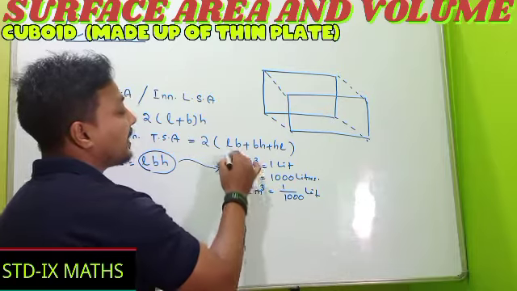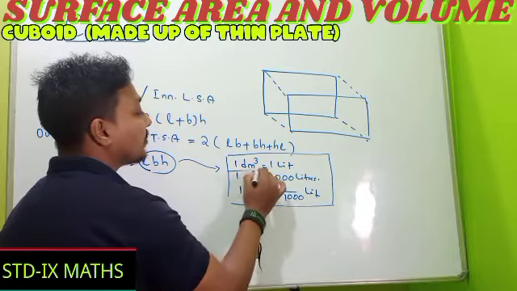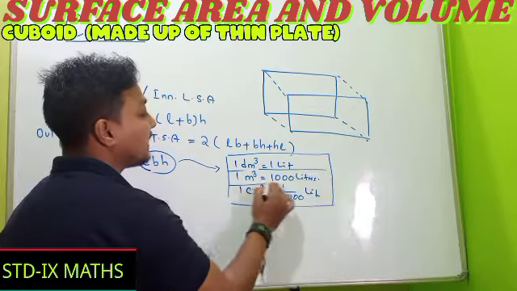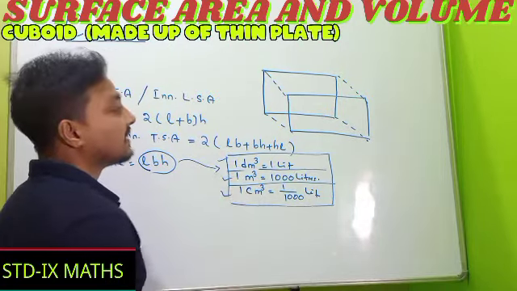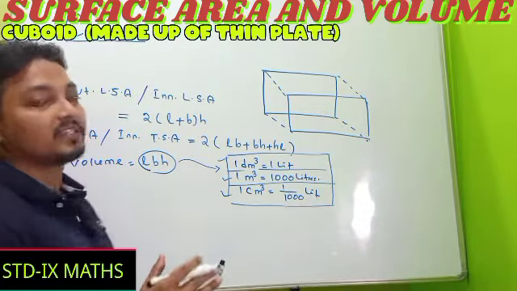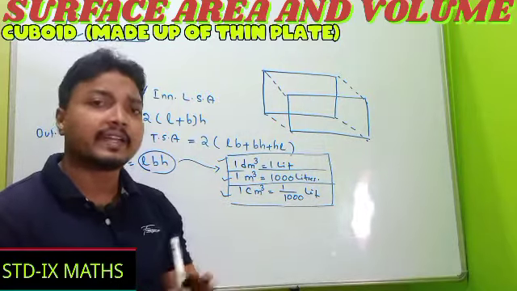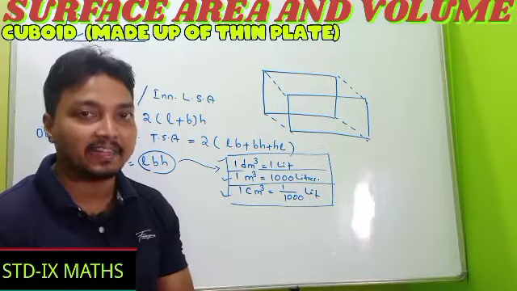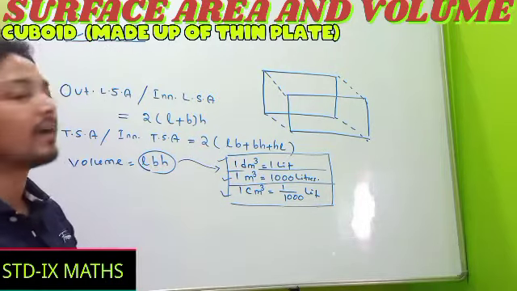So whether it is decimeter, meter, or centimeter, in every case you can find the capacity easily. Capacity means how much liquid it can hold, and you can find the capacity with the help of the volume.